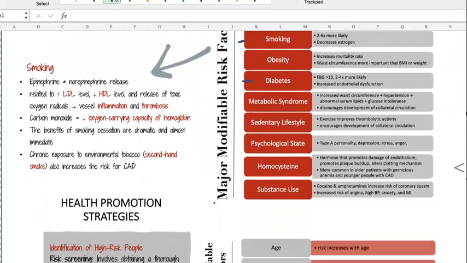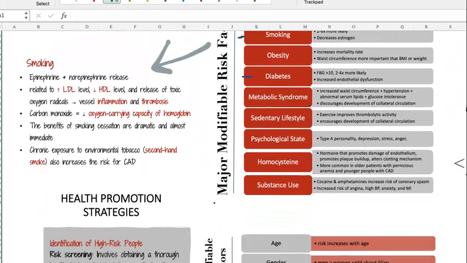Smoking has a lot to do with the release of epinephrine and norepinephrine. So smoking actually does cause a release of these catecholamines, right? And we talked about what those catecholamines do to blood pressure and heart rate, right? They're going to increase those. It's that fight or flight response.